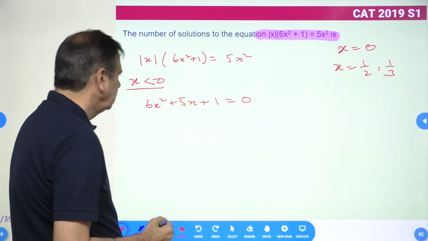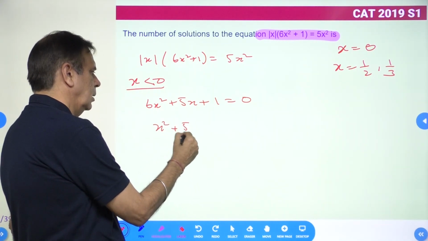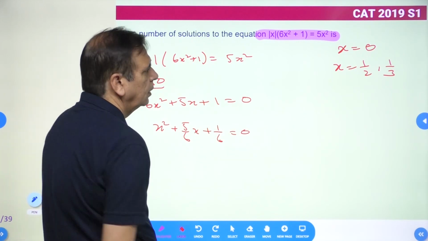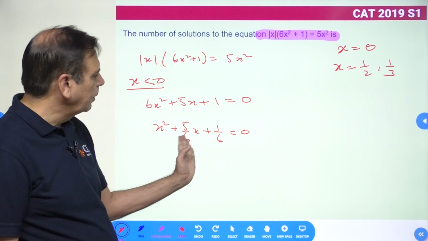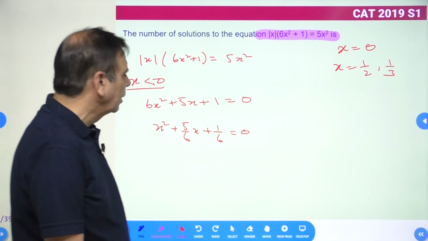Same thing. x square. Last time we said minus 1 by 2, minus 1 by 3. This time we can take it as half, 1 by 2 and 1 by 3.